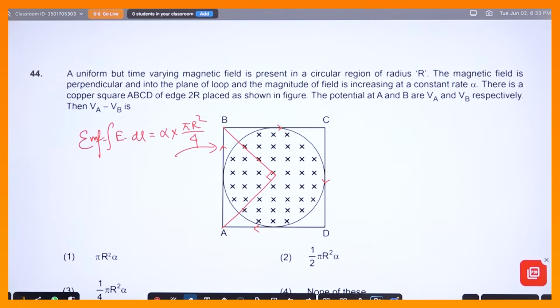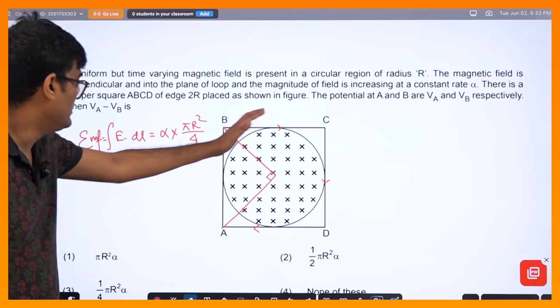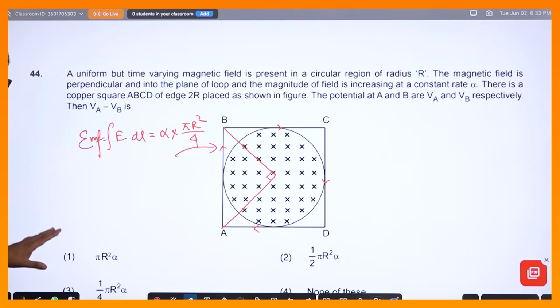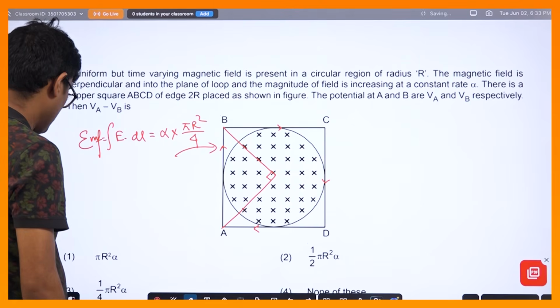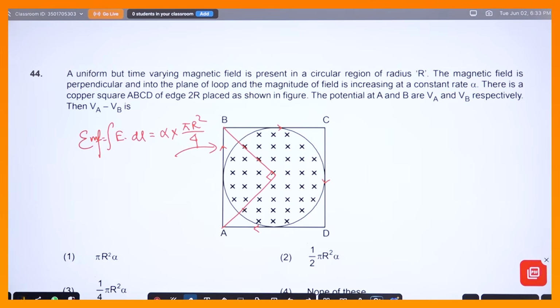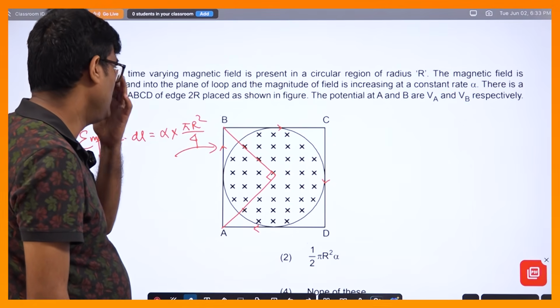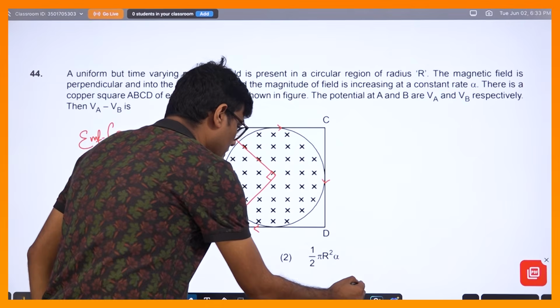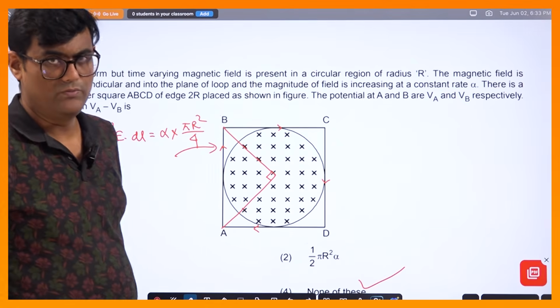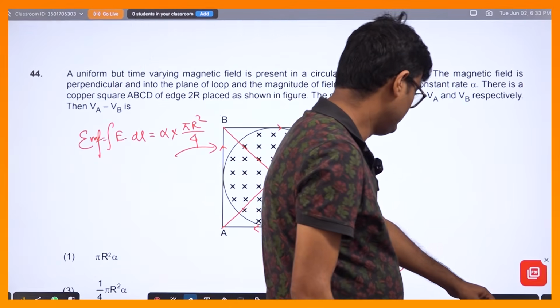But where will the charge be accumulated? Because everywhere the resistance is same. So the EMF is equal to alpha pi r square by 4, but the potential difference, I don't think is there. There is no potential difference. It is 0.